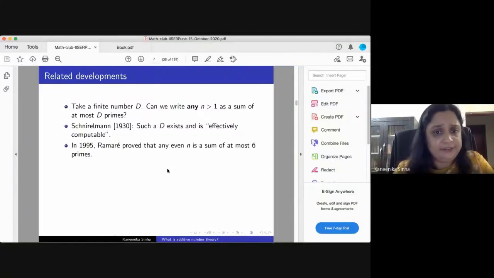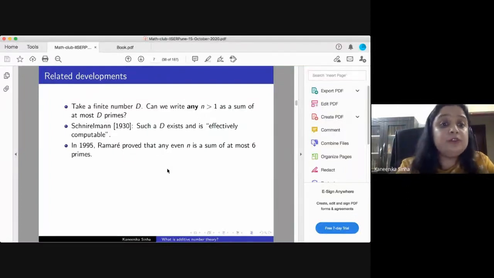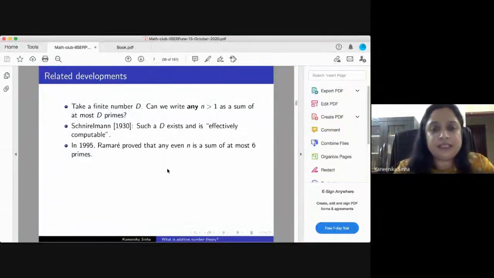In 1995, Ramaré proved that any even n is a sum of at most 6 primes. So instead of the 2 that we need for the Goldbach conjecture, he is able to show that it is a sum of at most 6 primes. Even though we don't know whether 2 primes are enough, at least we know that at most 6 primes are enough.